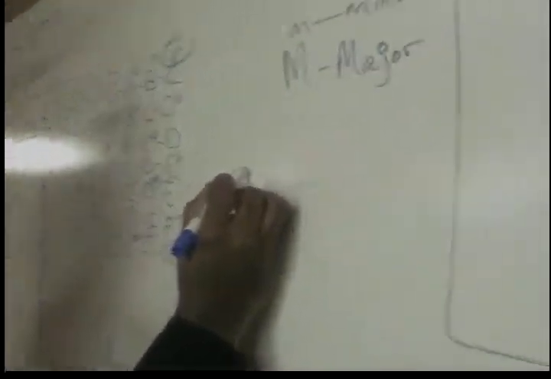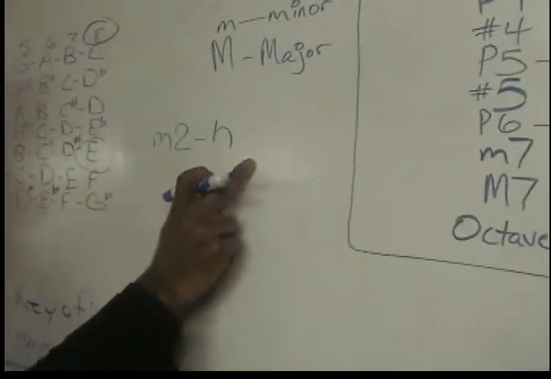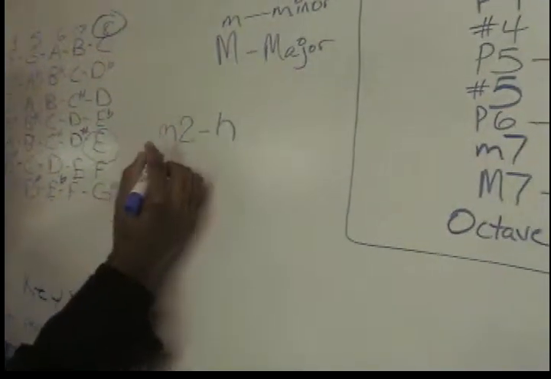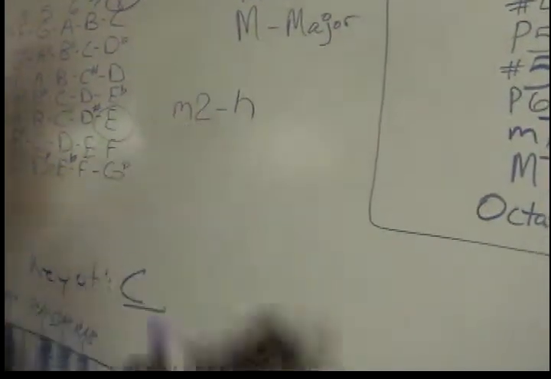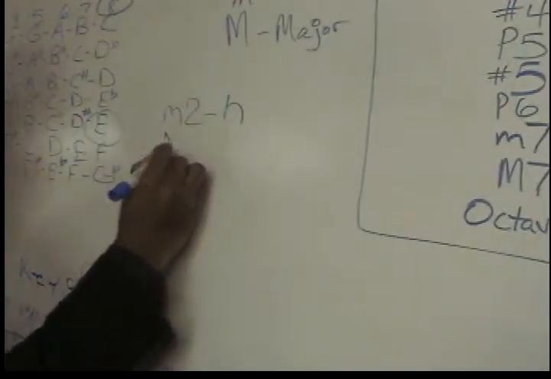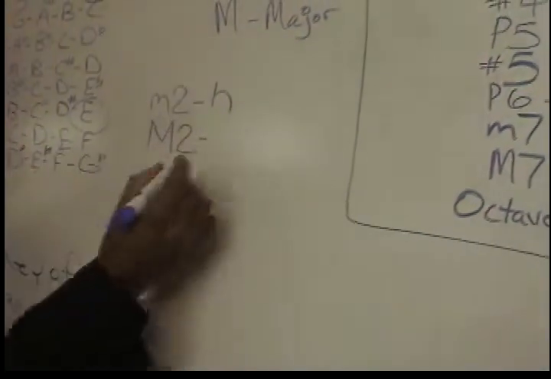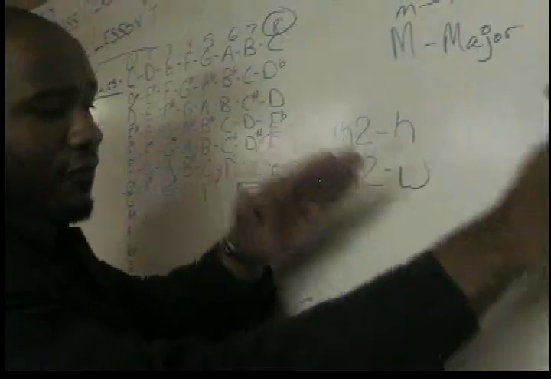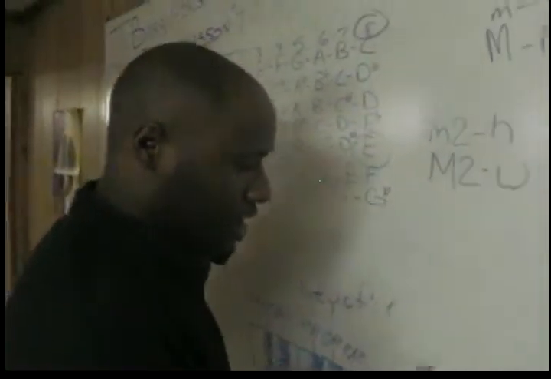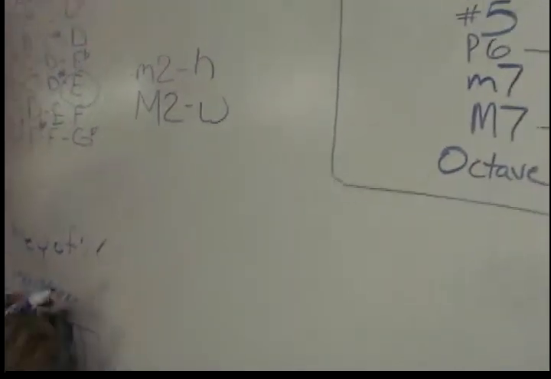Minor second is a half step from our desired note. A major second was a what? Whole. Was a whole step. So obviously this is going to grow. As we go further and further along, it's going to grow. So what's our next one?